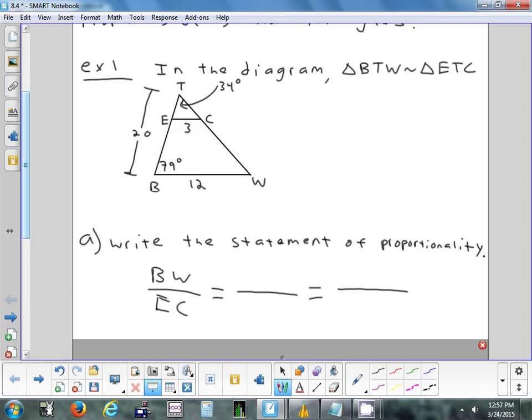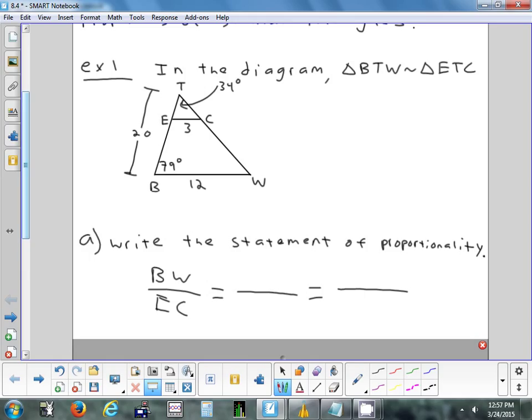So Ian did BW over EC. So that's the first one. Now for the other 2 fractions, all the letters from the top need to be from the first triangle, the bigger one, BTW. All the letters in the bottom come from the second triangle. So we've got BW over EC, we got those 2. What else?